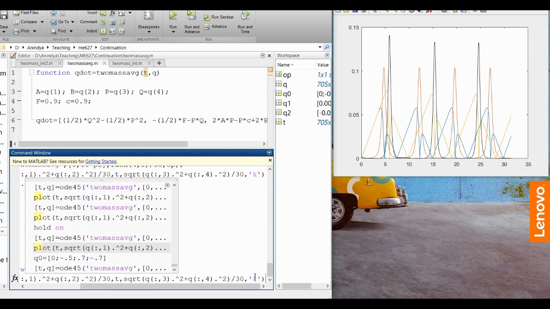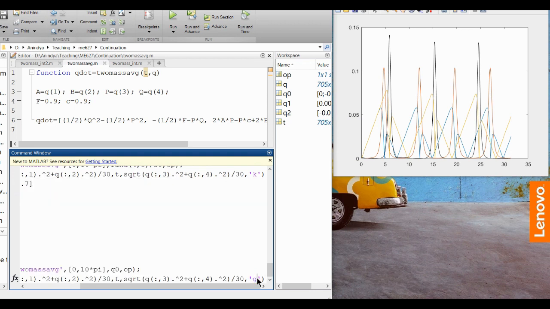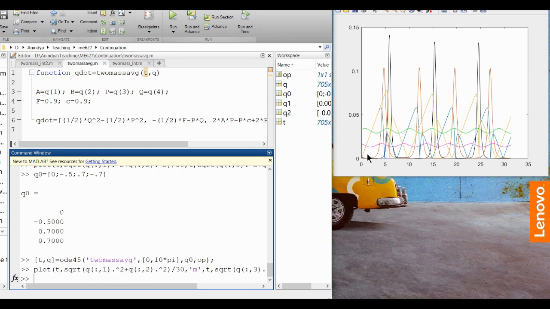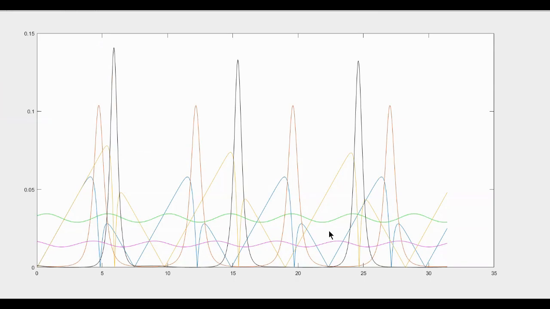This one I will plot with green, and this first one I will plot with magenta. Okay, you see here, so these are one of those more slowly oscillating solutions that we had seen before. Okay, here this one, and this one are quite different from this one. They are all solutions of the same system.